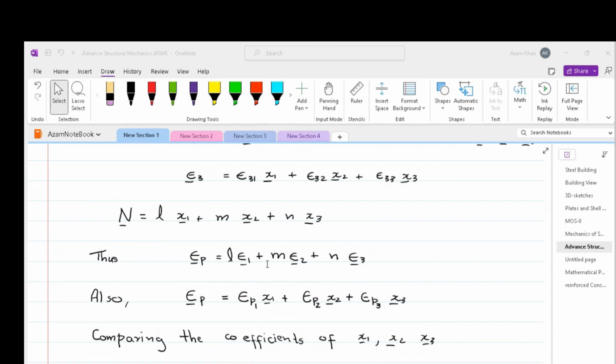So, in other words, we have tried to bring the strains in line with the direction cosines of the particular face. Or, in other words, we have brought the strains in line with the outward drawn normal of a particular face.